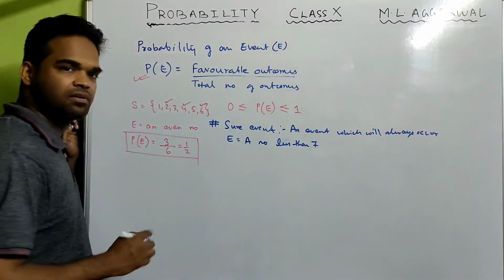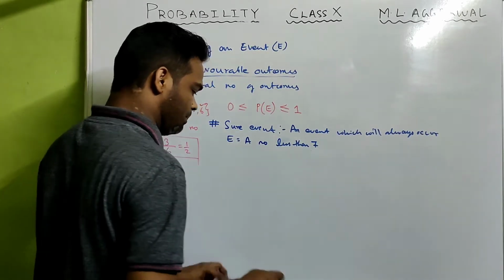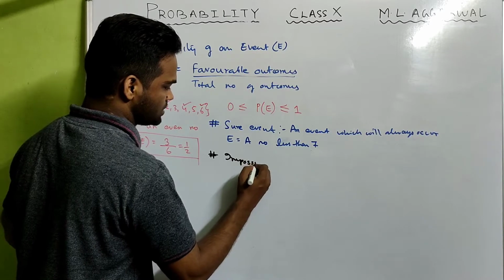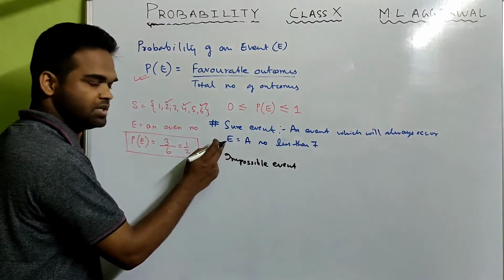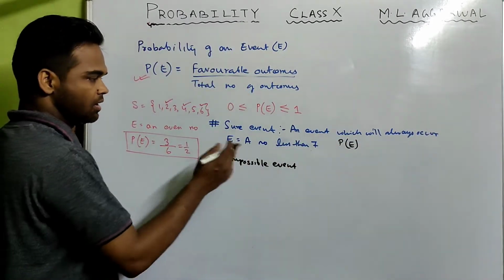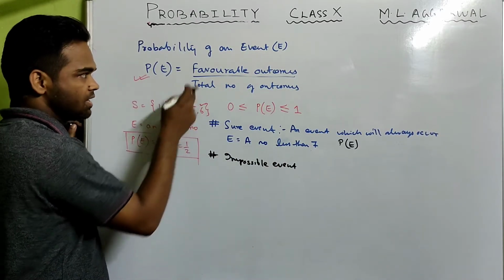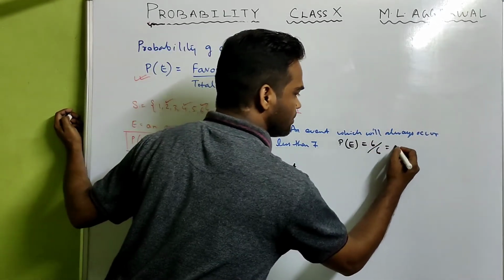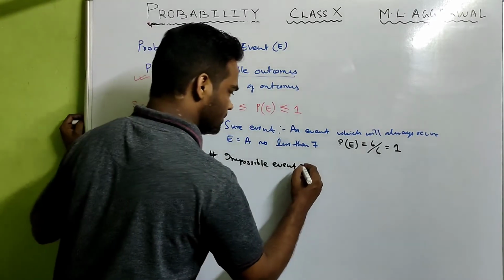So that's a sure event, isn't it? If you want to find the probability of this sure event, a number less than 7, see, 1, 2, 3, 4, 5, 6. There are 6 favorable outcomes, and the total number of outcomes is 6, so the probability will be 1 in this scenario, isn't it?